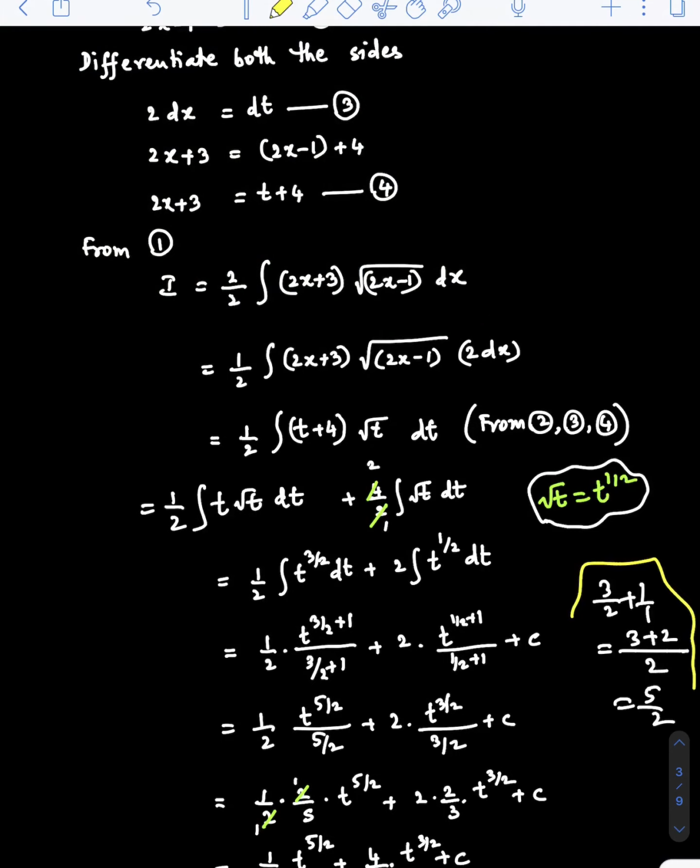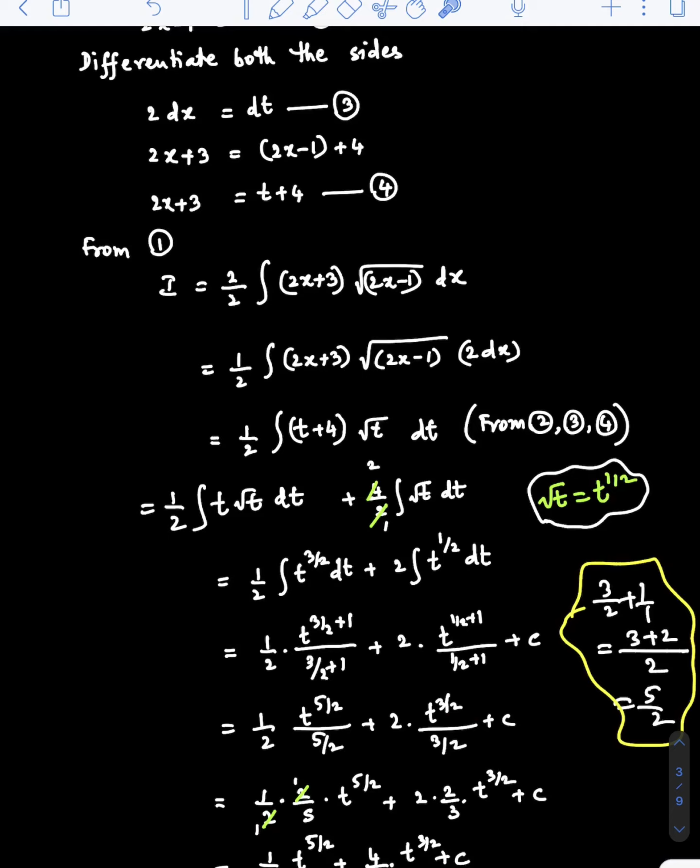So this 5 by 2 is taken here. You can see 3 by 2 plus 1 is 5 by 2. Here also 5 by 2, same LCM. After taking LCM, half plus 1, 1 and half means 3 by 2.